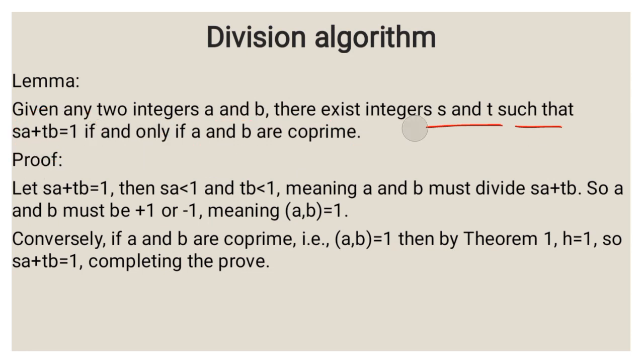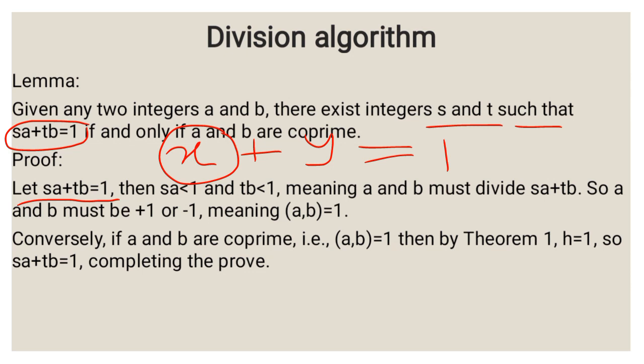In the proof in your video, we started by accepting that this is true. So we say let this sum be equal to 1. Then for this to be 1, if you're going to add two things together, say x plus y, and I want it to be 1, clearly one of them has to be smaller than the other, is that not so?